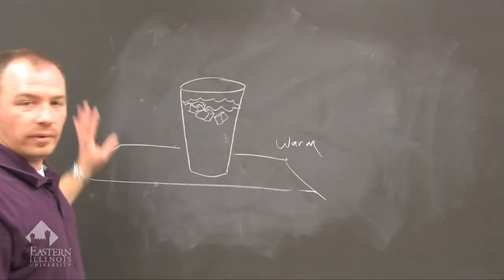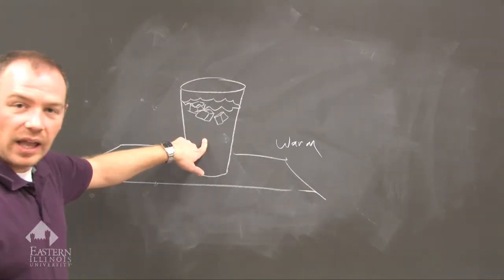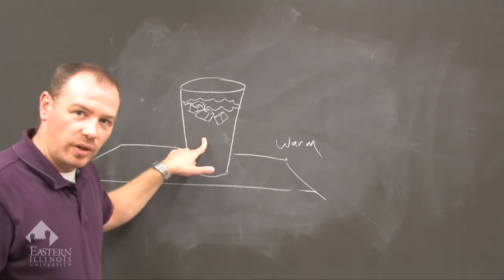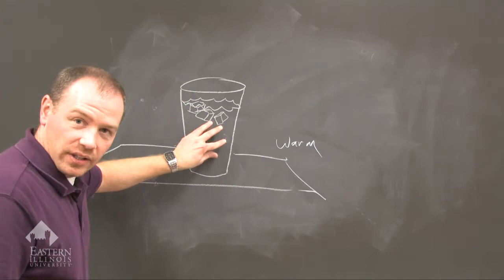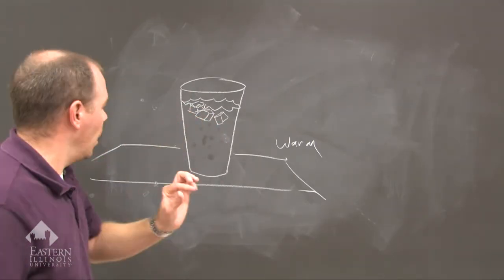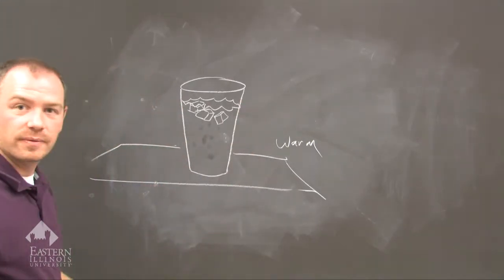So we have warm air. The glass, the beverage inside, is cold. It's extremely cold. And so what happens is the beverage is dropping the temperature of the air adjacent to the glass.